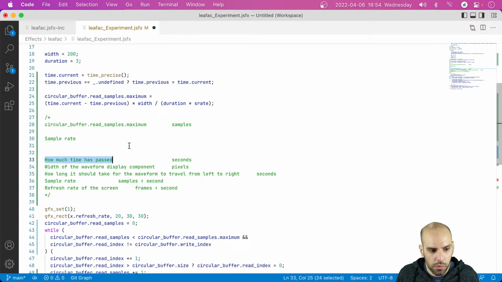I think I may want to just multiply by how much time has passed. Because that is given in seconds, so it cancels these seconds, and I just get something in terms of samples.